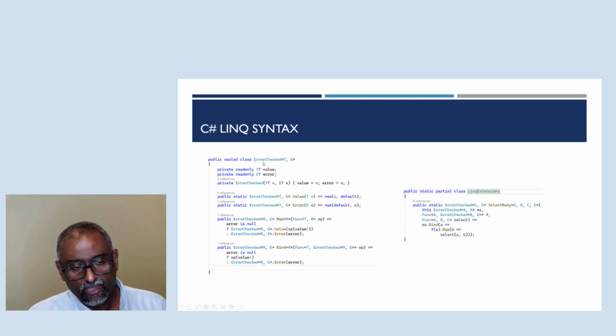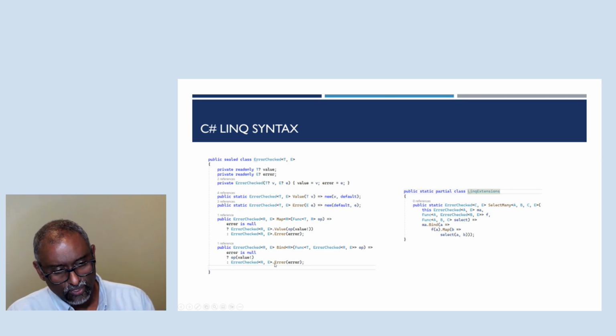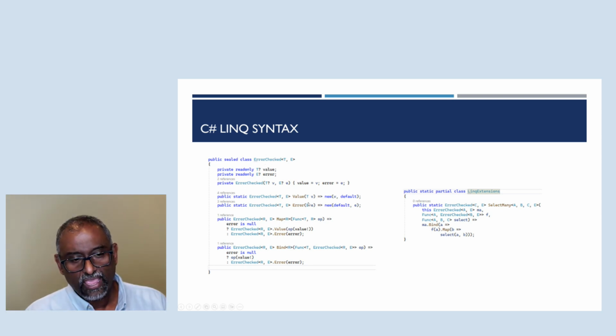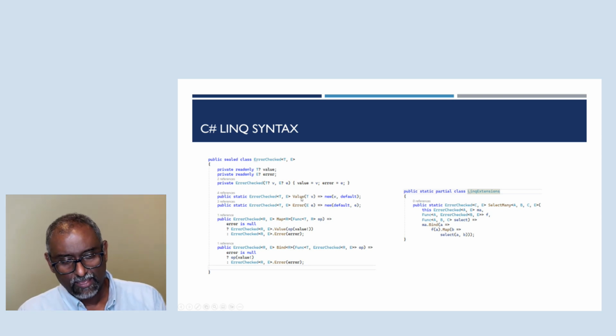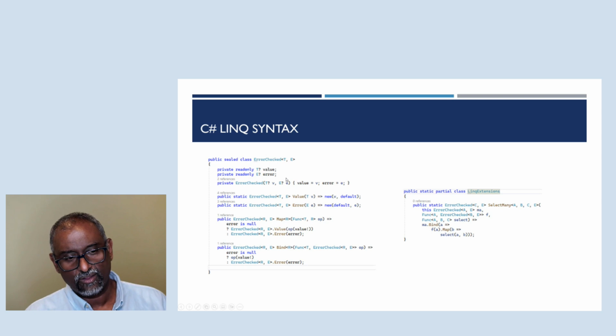So if we enhance our error-checked class to do this, you still have no way. First of all, you have only one. You have ways of unambiguously creating either a value or an error, but not both. And there's no way of actually pulling the value out and checking, hey, are you an error or are you a value?